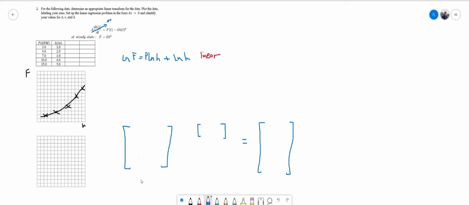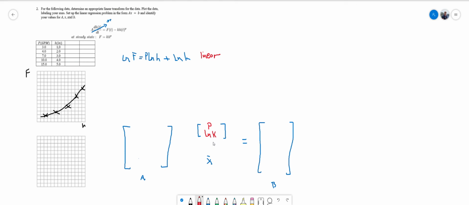So here we have our matrix A, matrix X, and then matrix B. We'll start off with the variables that we don't know, and so our unknowns always go in our X matrix. We don't know the variable p, and we don't know ln of k in our equation, the natural log of our rate.